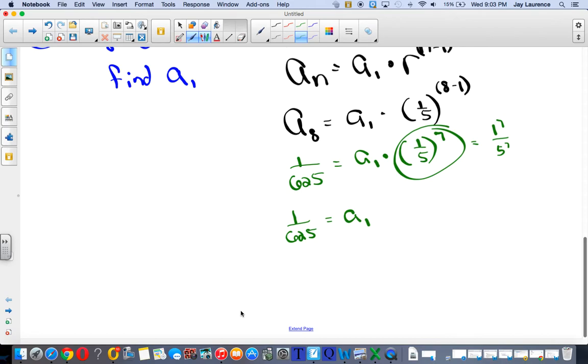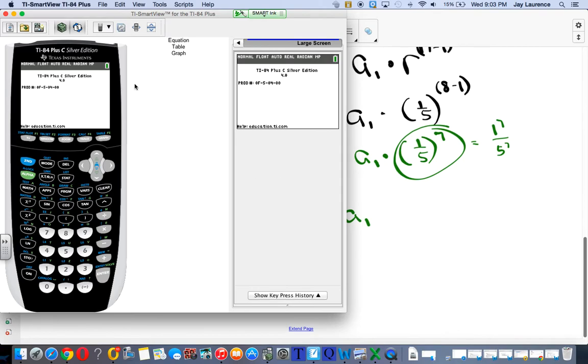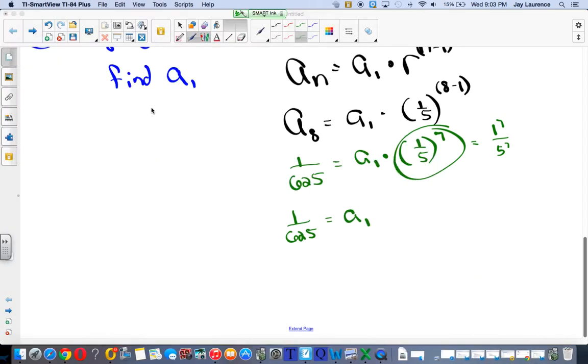So I can pull out my calculator, and I know 1 to the 7th is going to be 1, so the numerator of this fraction is going to be 1. 5 to the 4th is 625. 5 to the 7th is going to equal 78,125.